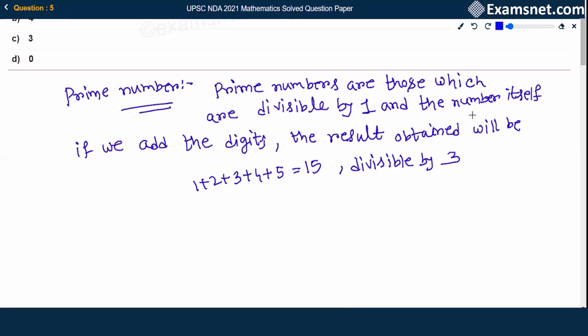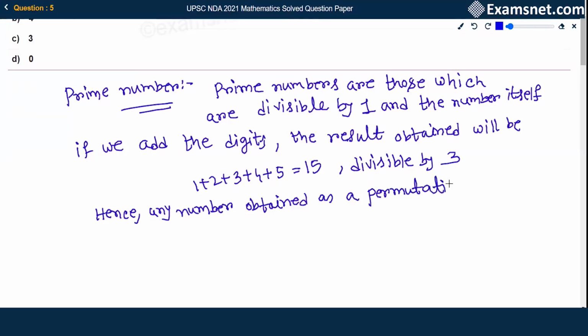That's the reason why any number obtained as a permutation of these 5 digits will be at least divisible by 3.